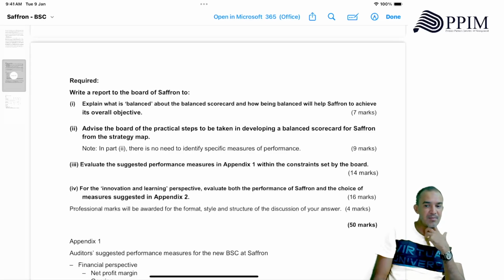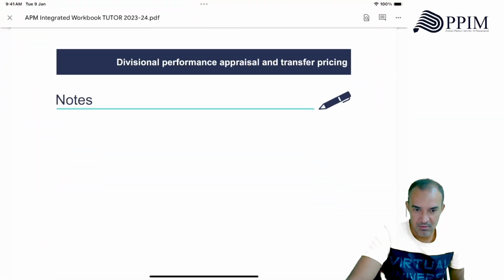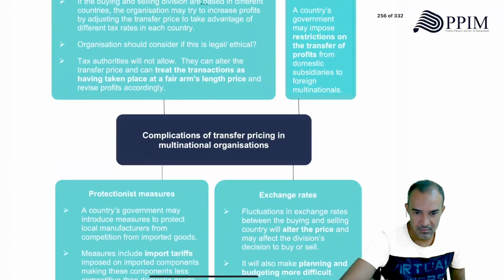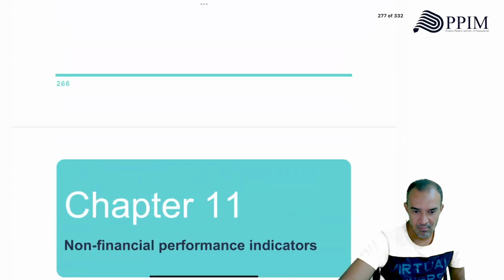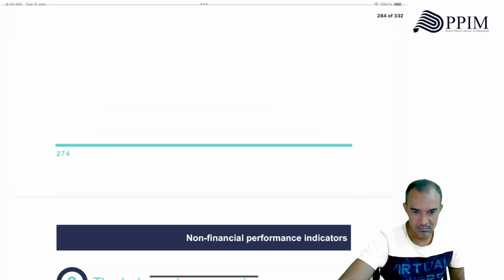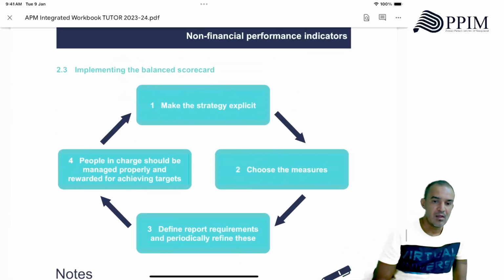What are the practical steps to be taken in developing a balanced scorecard for S from the strategy map? Here you go. Implementing the balanced scorecard.